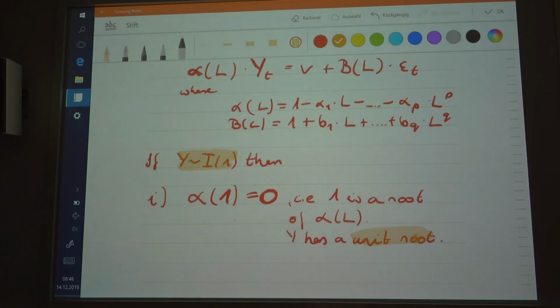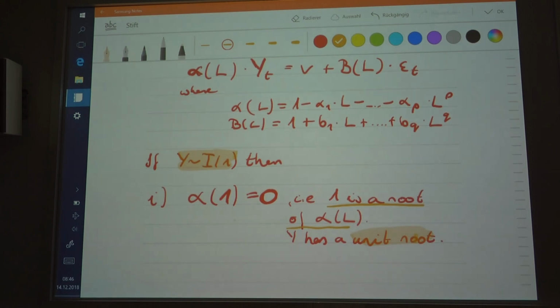Here in this case, 1 is already a root of the process, so it will not work anymore. The process is not stationary, of course. So saying that the process has a unit root means that 1 is a root of the lag polynomial here. That's the meaning of it, and that's why we use the expression synonymously. This is just a convention.